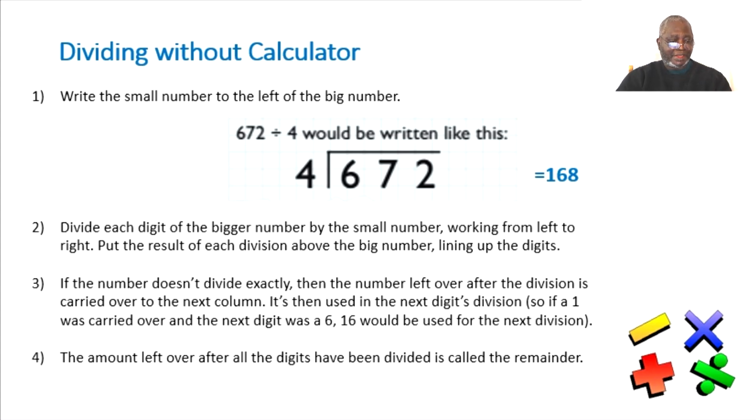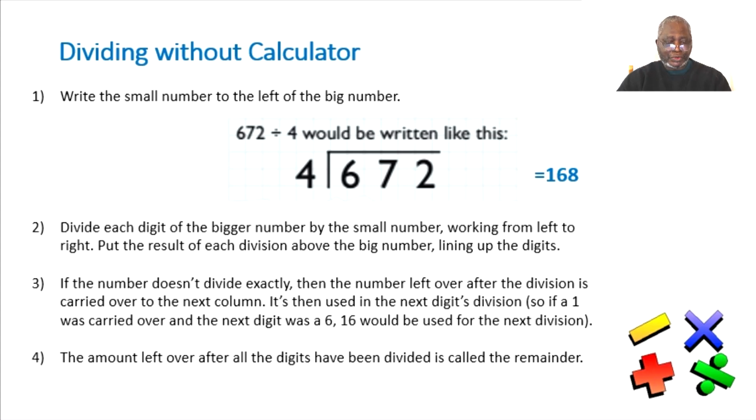So step 2, divide each digit of the bigger number by the small number, working from left to right. Put the results for each division above the big number, lining up the digits. Step 3, if the number doesn't divide exactly, then the number left over from the division is carried over to the next column.